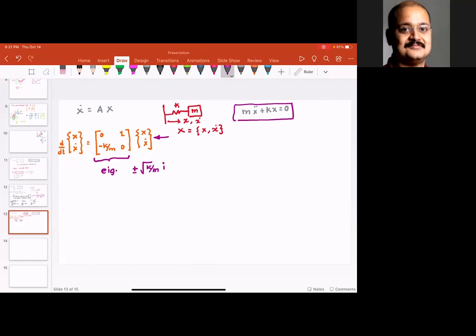And these purely imaginary eigenvalues indicate that the system has an oscillatory behavior. It's basically oscillating. And what it means, and this is very important, is that the derivative of the energy function is 0. The system energy does not increase or decrease.